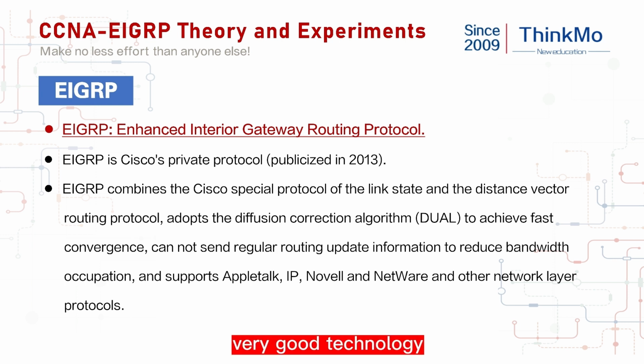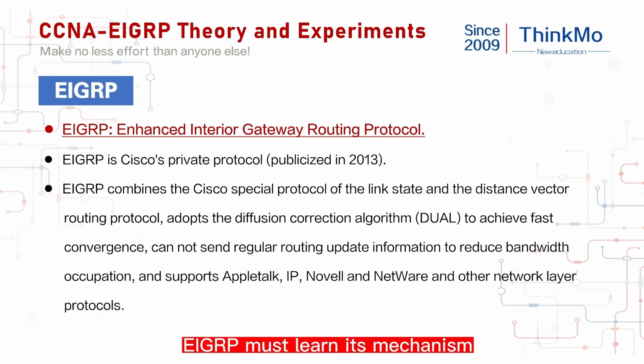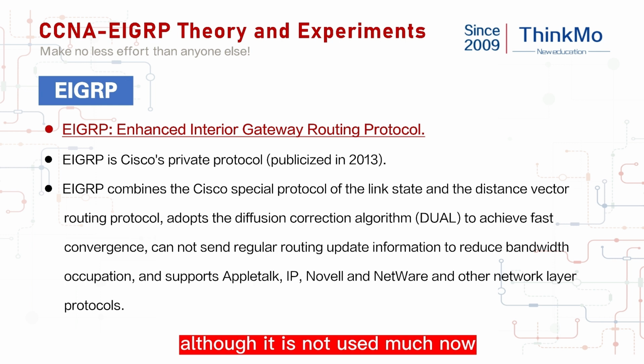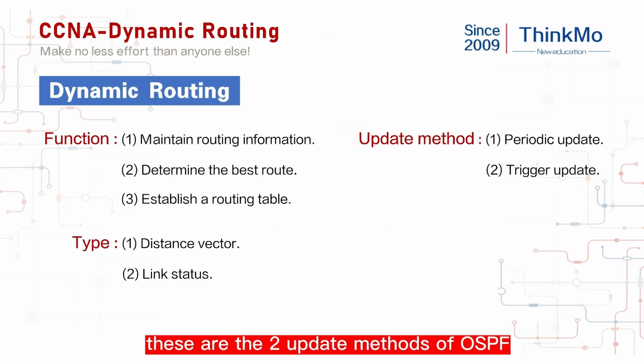Very good technology, but no one used it. It's really a pity. But since we are learning Cisco, we must learn EIGRP's mechanism. Although it is not used much now, you hardly ever see EIGRP on projects, don't give up your interest in learning it. These are the two update methods of OSPF.